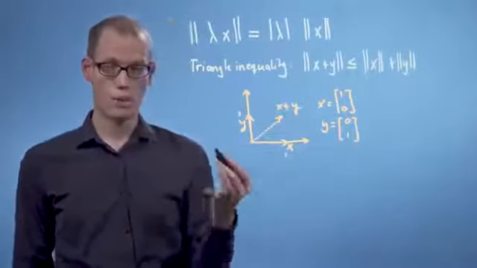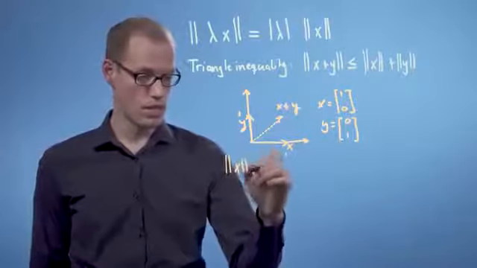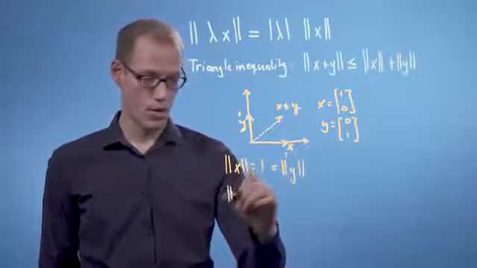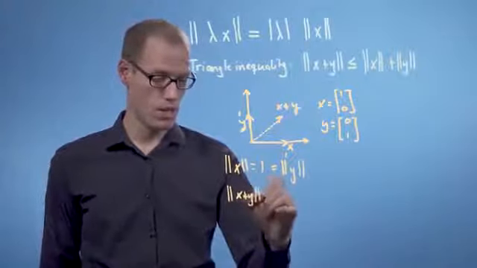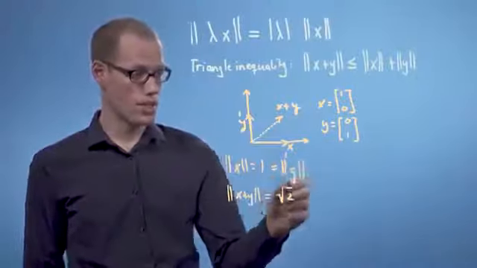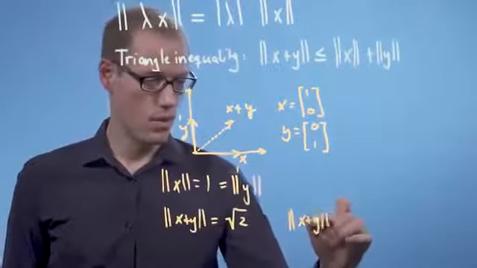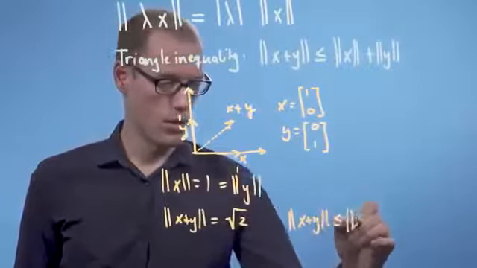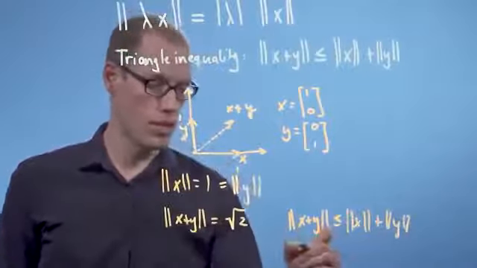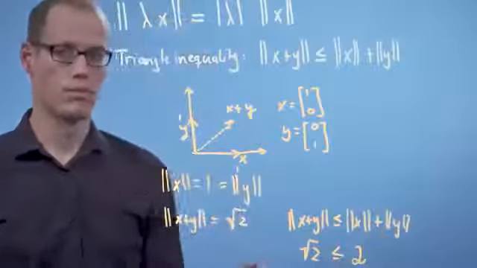If we use the dot product as our inner product, then the norm of x is 1, which is the same as the norm of y. And the norm of x plus y is square root 2. So what the triangle inequality says is that the norm of x plus y is smaller or equal than the norm of x plus the norm of y. And that is also true in our case because square root of 2 is smaller or equal than 2.